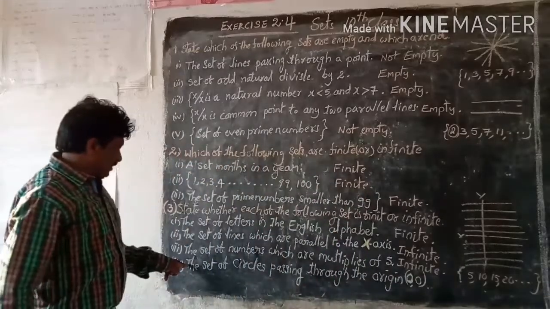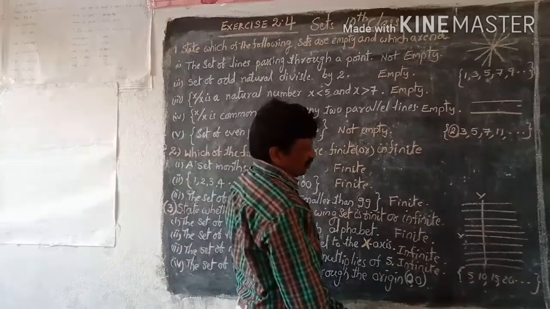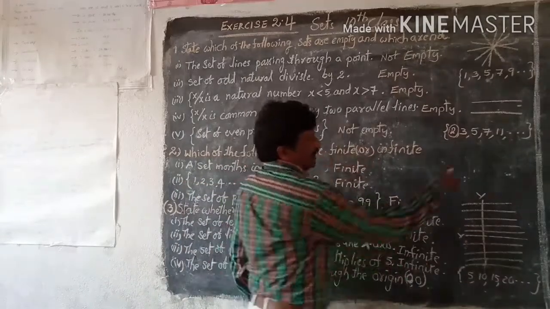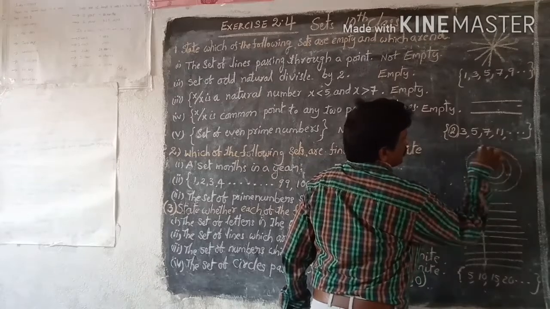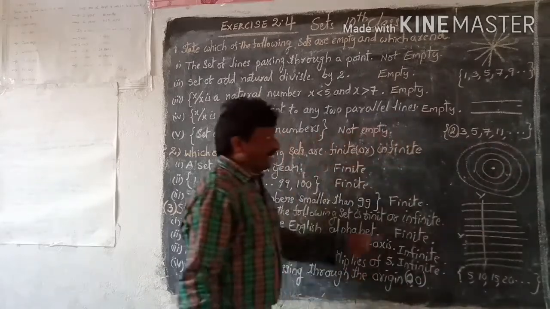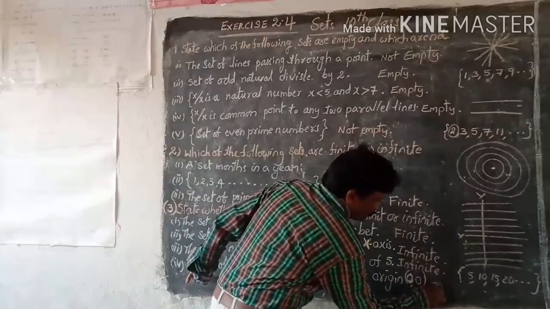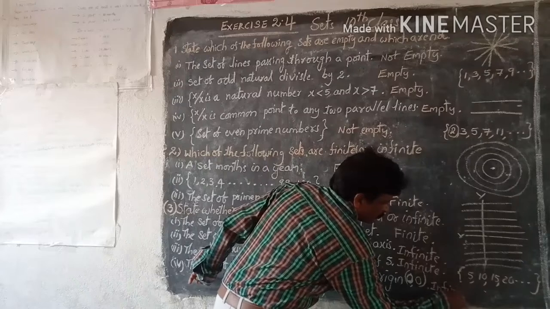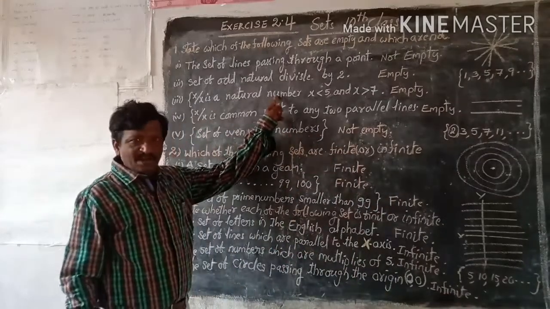Next, the set of circles passing through the origin (0, 0). There are a lot of circles passing through the origin. It is also infinite. So exercise four is completed.